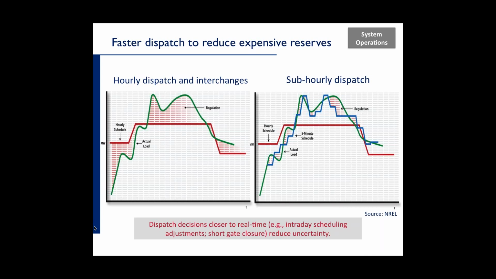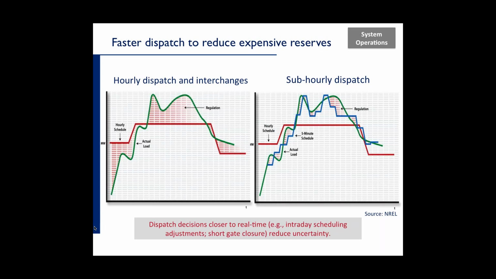So if you take a look on the left, just above the red, it says hourly schedule, and then you'll see an up ramp, and so that unit is now being directed to increase its output, and then you see a pretty long flat red line, and that long flat red line represents the hour or so where this particular generator is running at a constant output.